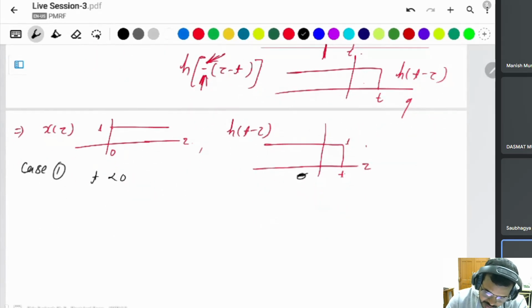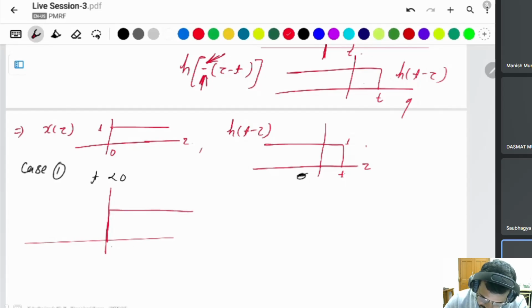Then what is the signal? This is h(τ), same as this one, 0 to infinity. But h(t − τ), if t is less than 0, looks like that, before 0. And between them there is no overlap.